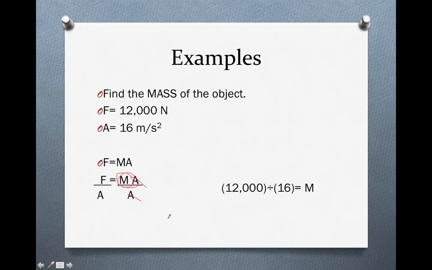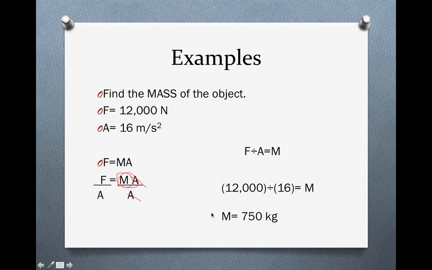All right, so when we put our equation in, we end up with 12,000 divided by 16, or F divided by A is equal to M. And our number here is 750 kilograms.